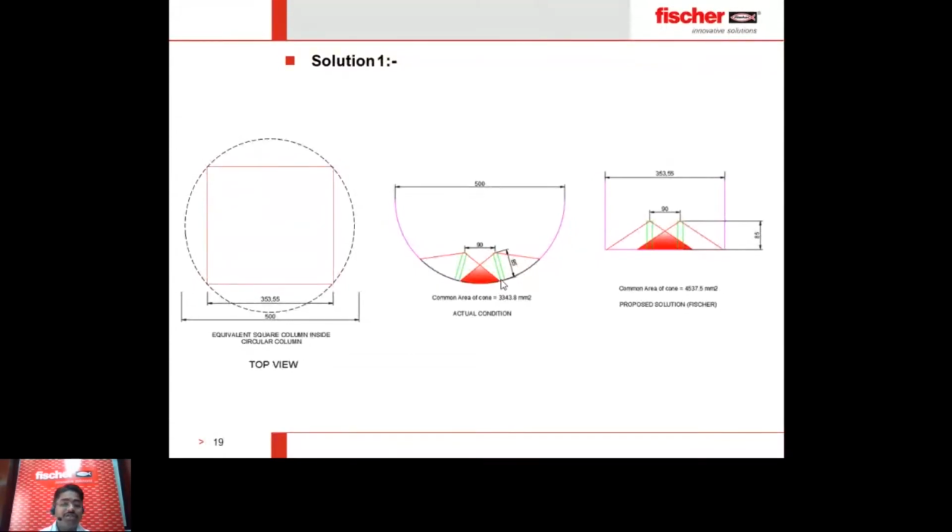I took the square column because the square column has limited edge, as well as giving more common area for the cone. As you see here, the common area for two cones is much more compared to here, and I found its common area is 4537.5 millimeter square, which is almost 1.4 to 1.5 times.